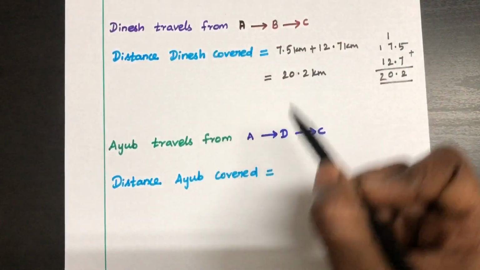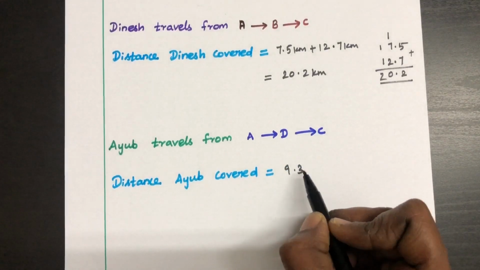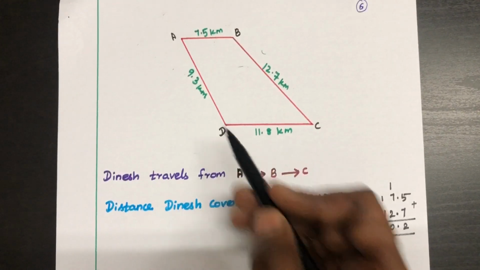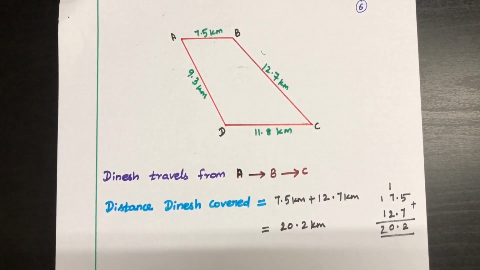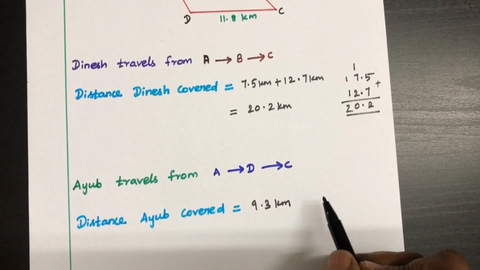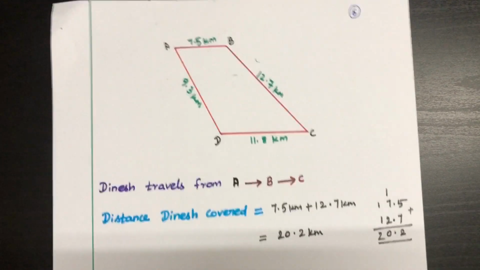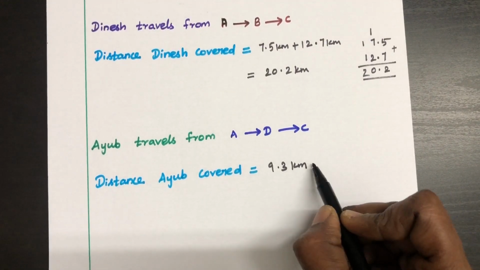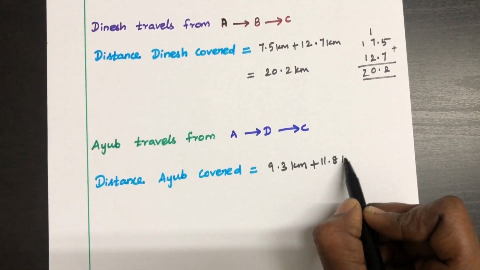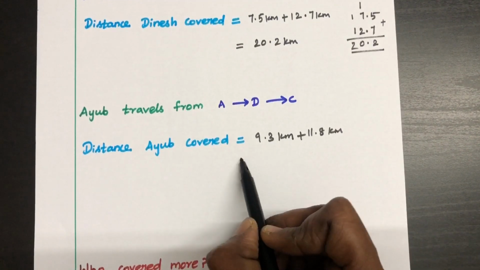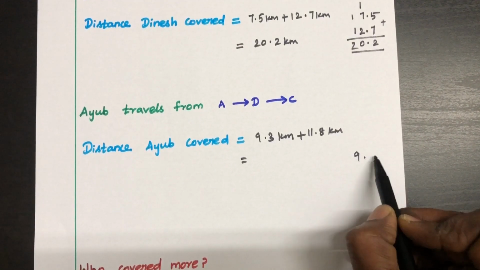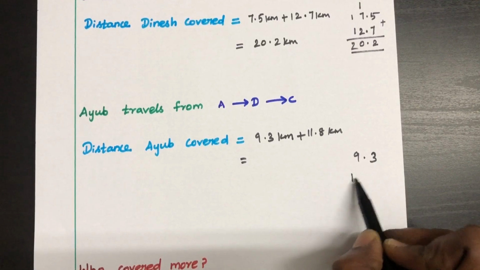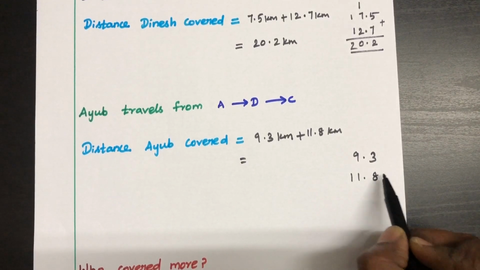Now, Ayub travels from A to D. A to D is 9.3 kilometer. And D to C is 11.8 kilometer. Now we are going to add these two. 9.3, 11.8.